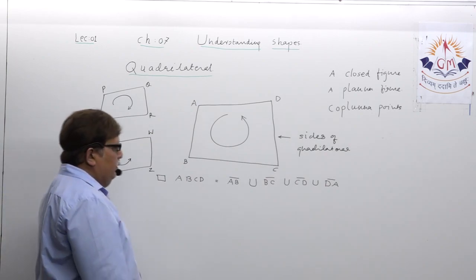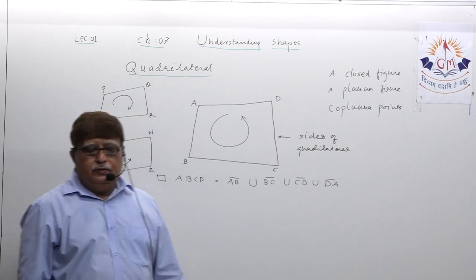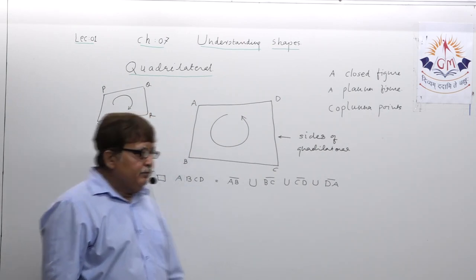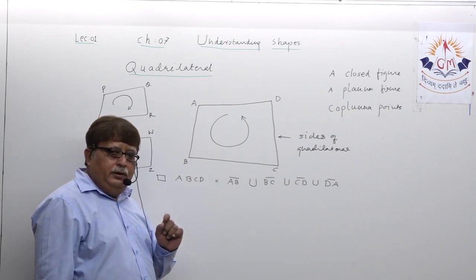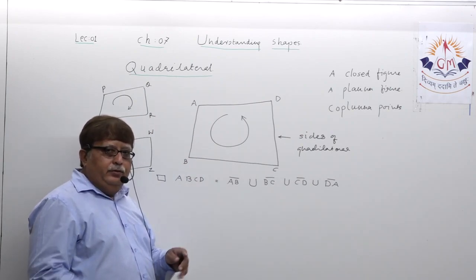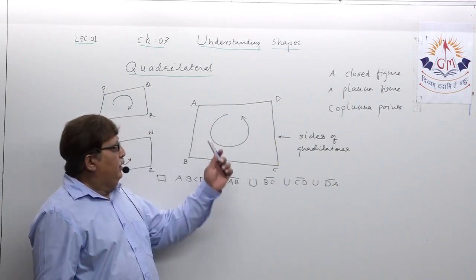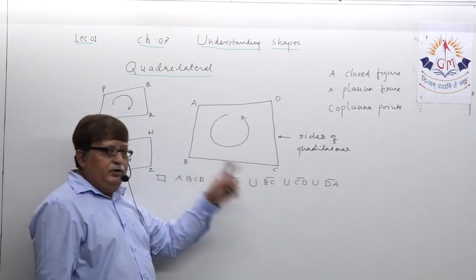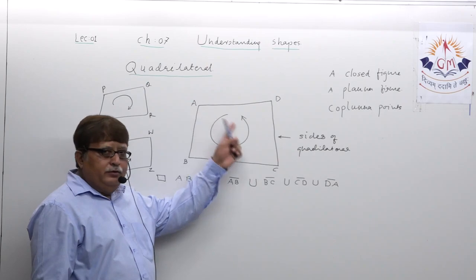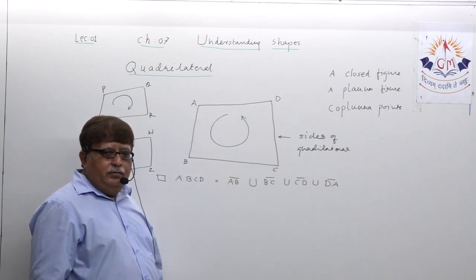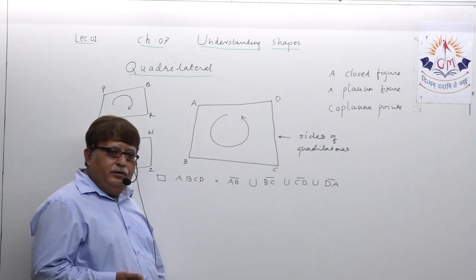But dear student, remember one thing very clearly, that whenever you want to name any quadrilateral, you can't name it in a zigzag way like A, C, B, D. You can't do that. You have to maintain the sequence, either moving clockwise or anti-clockwise.